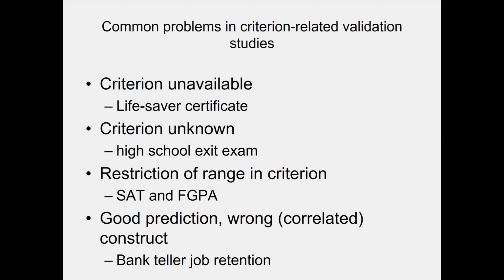So we assume, based on the other data at higher levels of the SAT, that their freshman GPA would be low, but we usually don't have any data to actually demonstrate that.